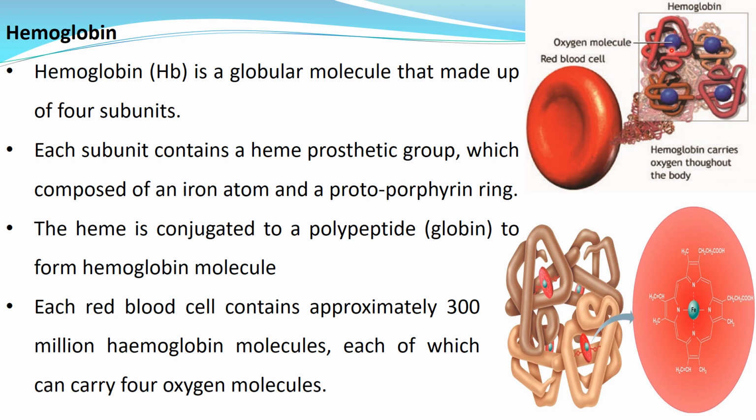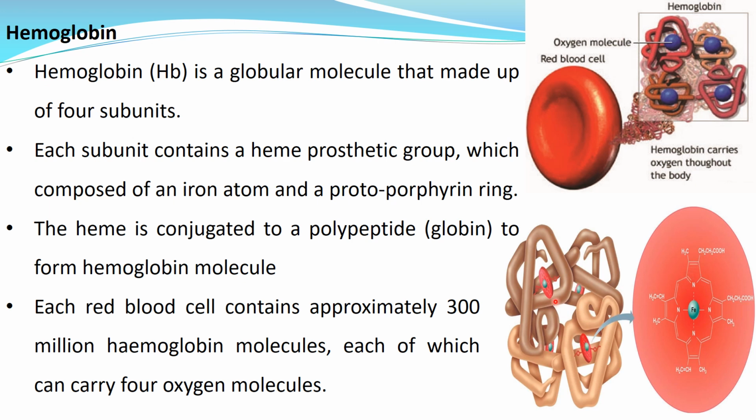So each of the subunits contains a heme prosthetic group, the functional group of the hemoglobin. If we enlarge one of these structures, it becomes something like this. This is the structure of hemoglobin. As we mentioned earlier, it's made of 4 subunits: 1, 2, 3, 4.